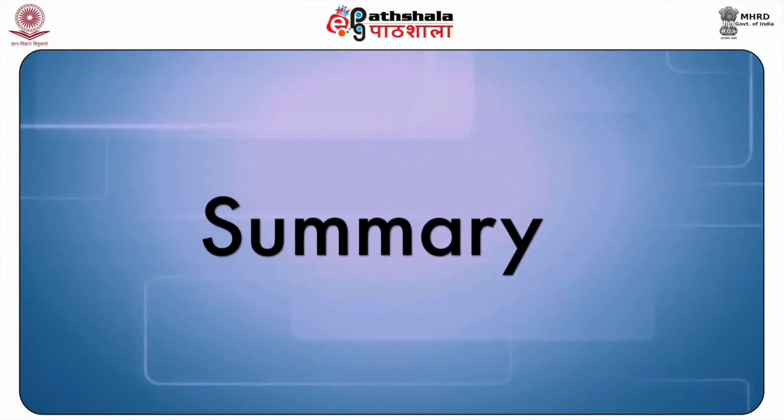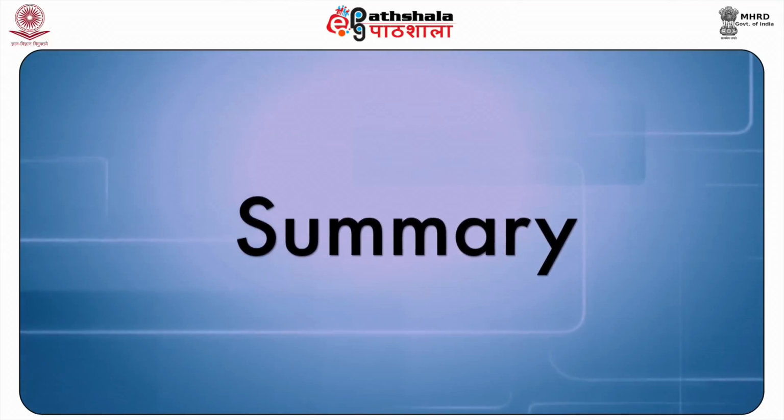Now, in the end, let us summarize what we have learned in this module. Fiscal policy, which encompasses the taxation and expenditure policies of the government, is an instrument by which government adjusts its level of spending in order to monitor and influence the economy.